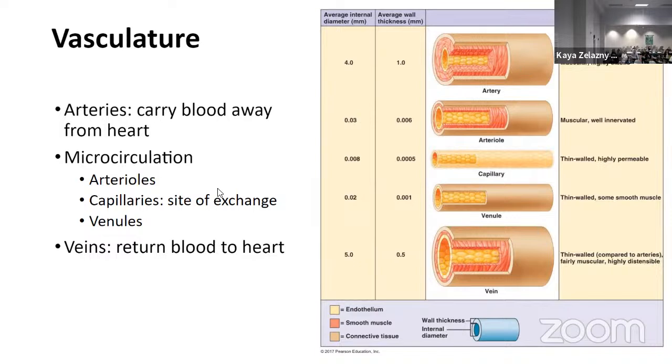Then we get down into the microcirculation. So microcirculation, you can't really see. You're not going to see it. So this is when we get our smaller arterioles, where we will be talking a lot about changes to resistance in the arterioles. Okay, so we can see that they have a similar structure to the arteries, but they are much smaller, right? The average internal diameter of our artery is about 4 millimeters. The average internal diameter of these arterioles is 0.03 millimeters.